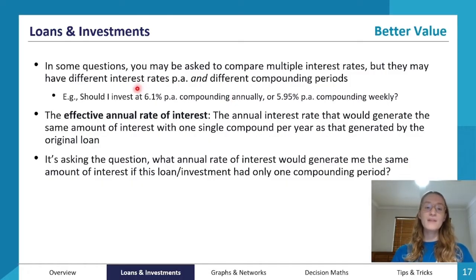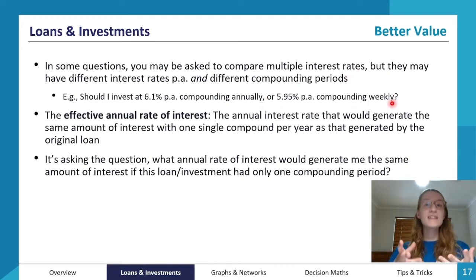So for example, to compare these two options on equal footing, we'd say, well, okay, we know that 6.1% per annum compounding annually would give us a certain amount, but if we took the effective annual rate of interest, what that would do is this formula would practically, in essence, convert 5.95% compounding weekly.